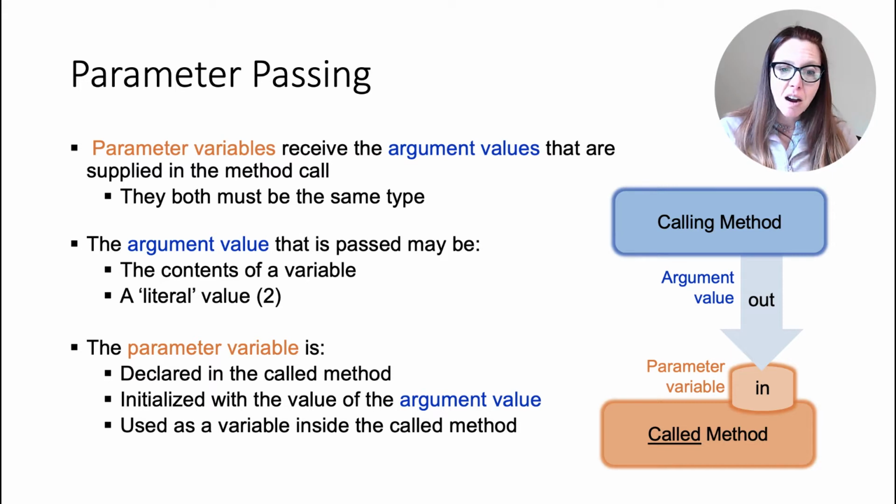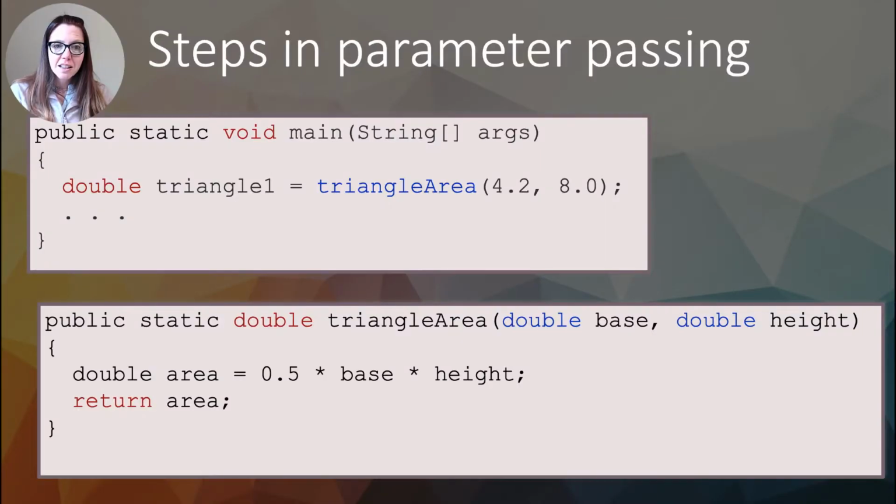The argument value that is passed can be either the contents of a variable or a literal value, such as a number or a string. The parameter variable is declared in the called method, as we saw on the previous page. It is initialized with the value of the argument value that it receives. The parameter variable is used as a local variable inside the called method. Here are some steps in this parameter passing.